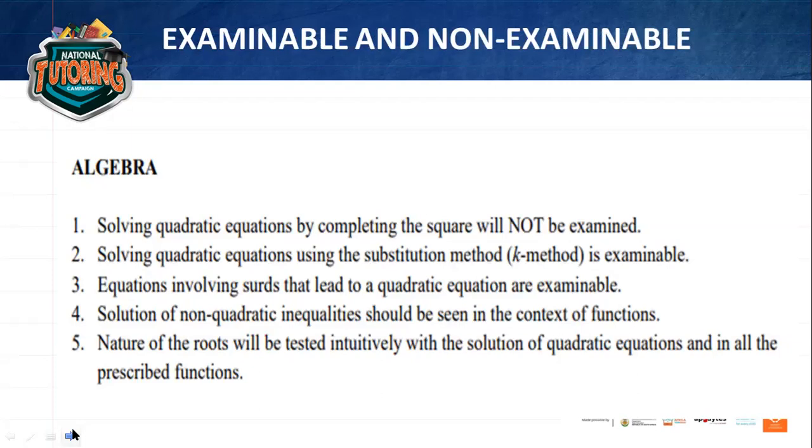But I thought it was also important that we know that which is examinable and that which is not examinable, as guided by the examination guideline of 2021. So solving quadratic equations by completing the square will not be examined.